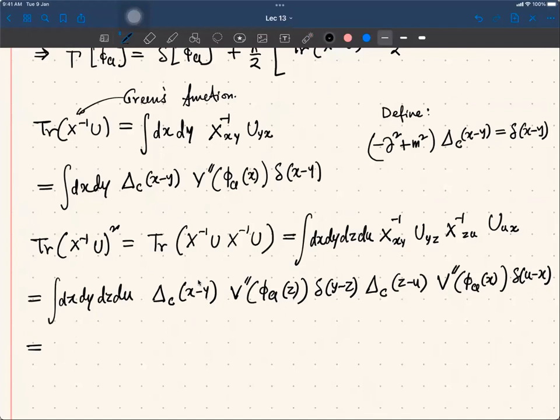So this can be a sum of the integrals. How many integrals? There are two deltas.